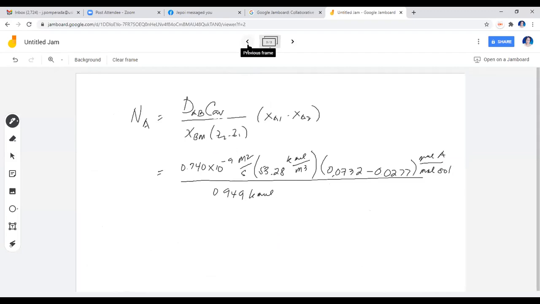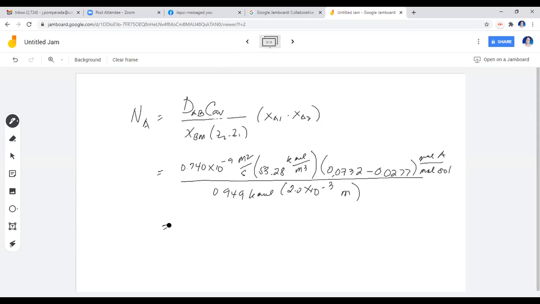Then our diffusion path of length 2 mm. So your 2 mm should be converted in meters. So 2.0 times 10 raised to negative 3 meters. This will result to a flux of, so if we will compute, we multiply the D sub AB to the molar concentration or molar volume.